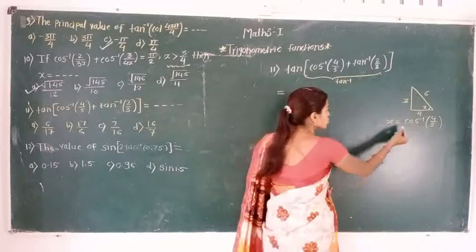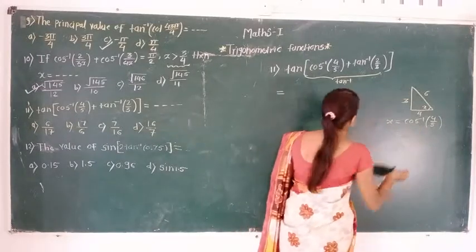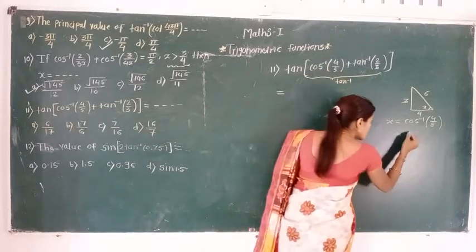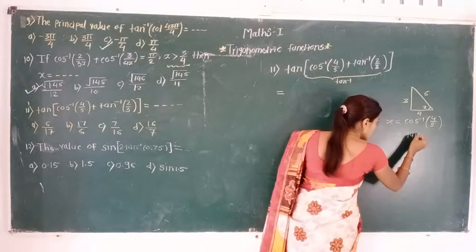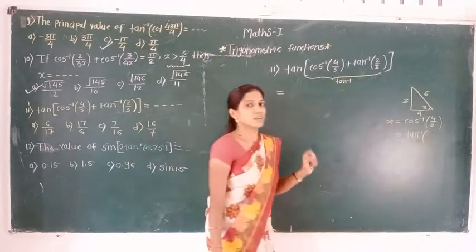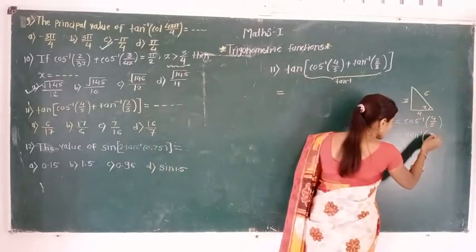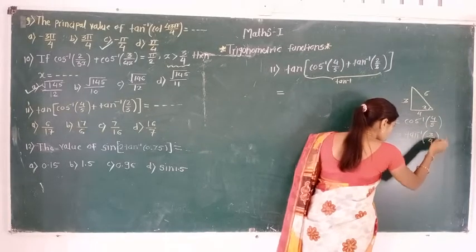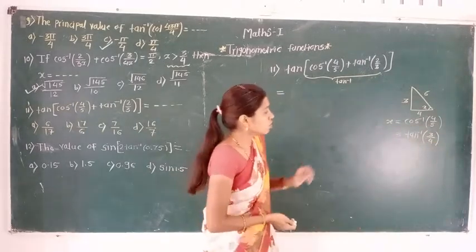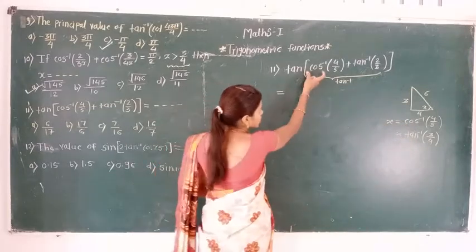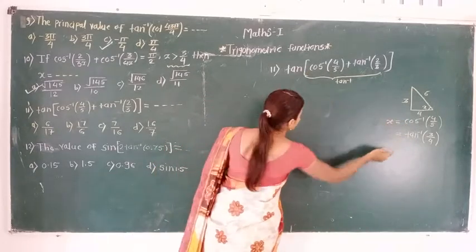Okay, so using this information, first we transform this cos inverse to the tan inverse. Tan inverse is opposite side upon adjacent side, and here the opposite side is 3 and the adjacent side is 4. So for transforming cos to tan, first we write this value in terms of tan inverse.